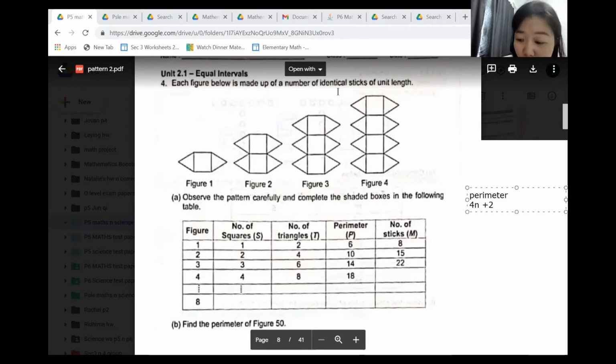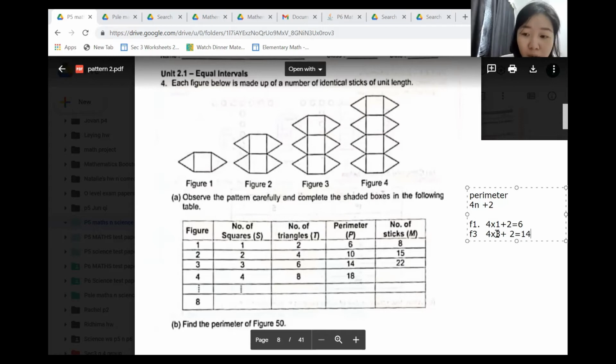So when we want to find, let's say, figure 1, we have 4 times 1 plus 2, and then we have 6. If I jump to, let's say, some of you maybe don't have time in exam, you have no time to go down one by one, maybe you skip one and then see whether it's correct or not. Because we are just testing the n term, to see whether it is okay or not. As long as you have 2 or 3 that are correct, then the n term actually works. So this one we have 14, so my n term works.